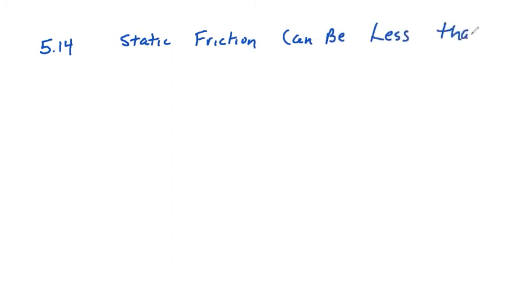Example 5.14, static friction can be less than the maximum. We are asked in example 5.13, which is the example we just solved, what is the friction force if the crate is at rest on the surface and a horizontal force of 50 newtons is applied to it?